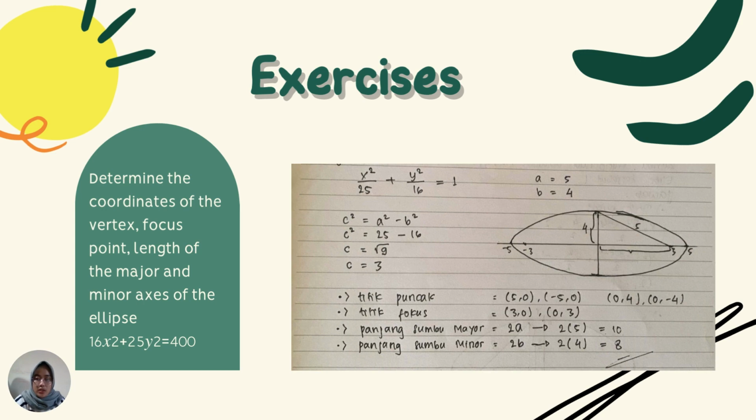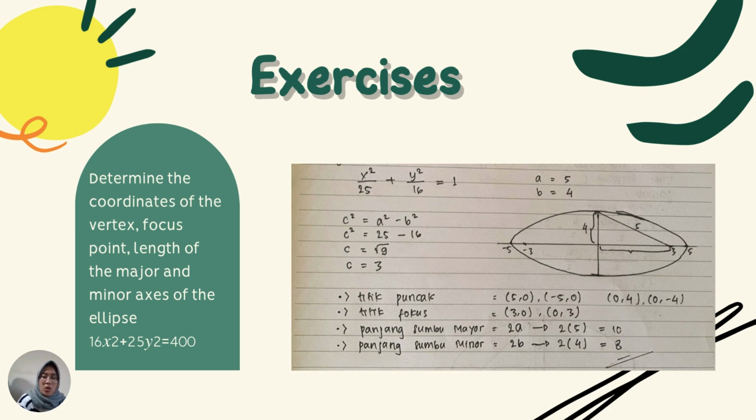Now from this new equation we can determine a and b. Because 25 is a squared and 16 is b squared, we find that a is 5 and b is 4.